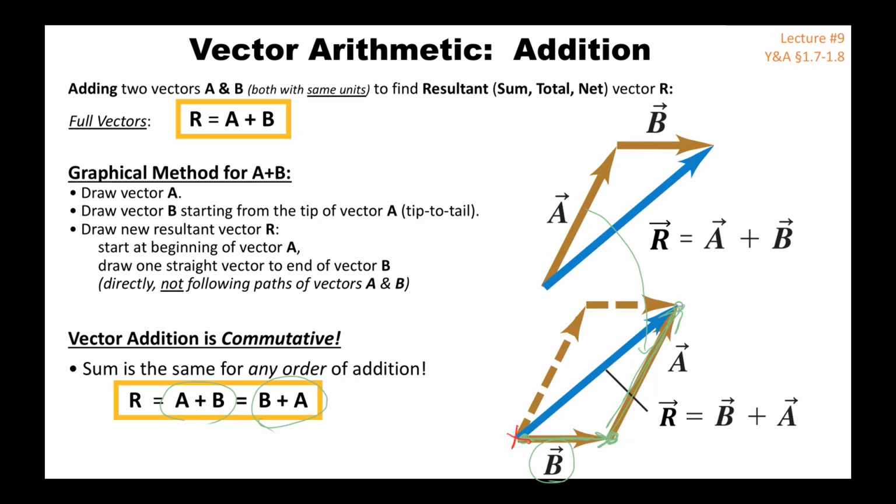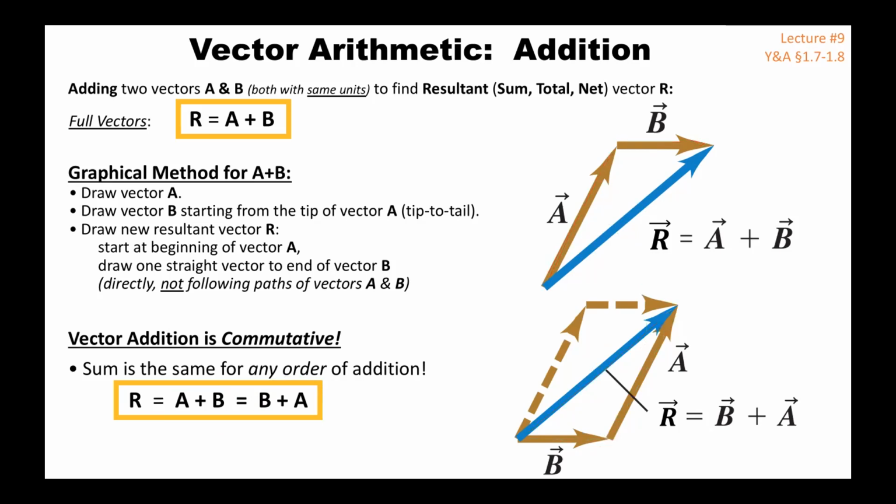Go from the start of vector B to the end of vector A, and lo and behold, the resultant is exactly the same as if we took vector A first and then added vector B. Same direction and same magnitude. So in both of these cases, the resultant R is precisely the same. So vector addition is, as we say, commutative. You can add your vectors in any order that makes it easiest for you mathematically or conceptually.